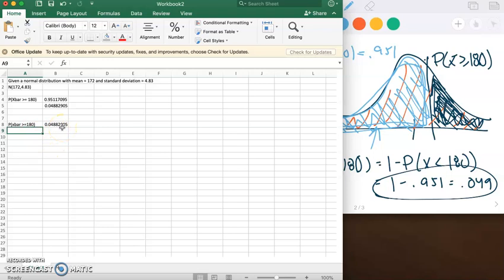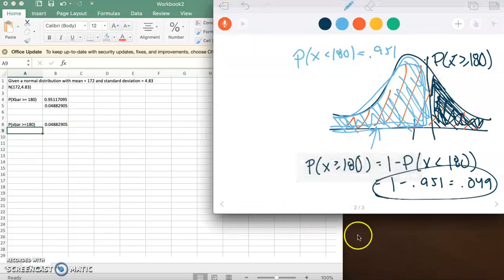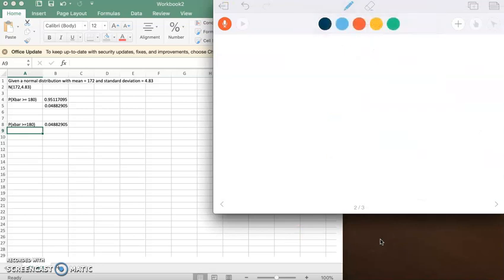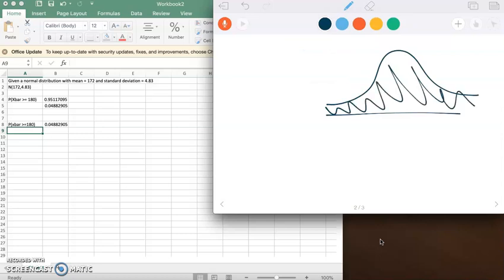Those are a couple of ways you can do it, but I want to make sure it's clear why we're doing it like that. The most important thing I want you to remember when you're working on these, because you're going to see a couple of different things, is that the total probability is equal to 1.